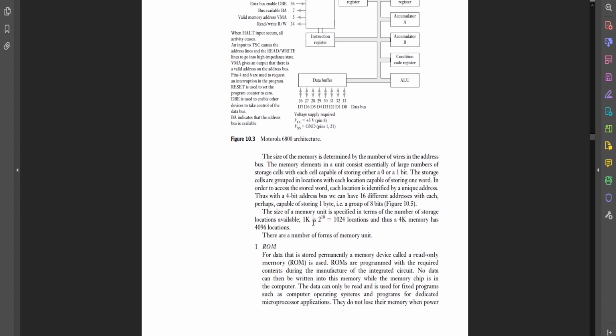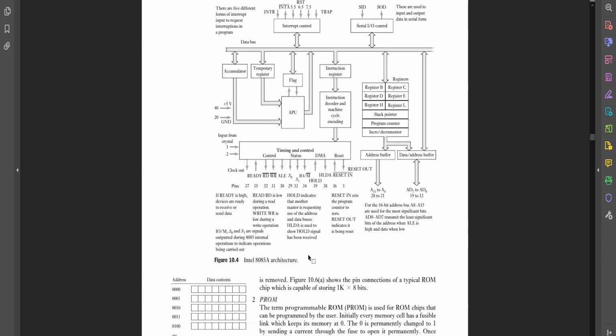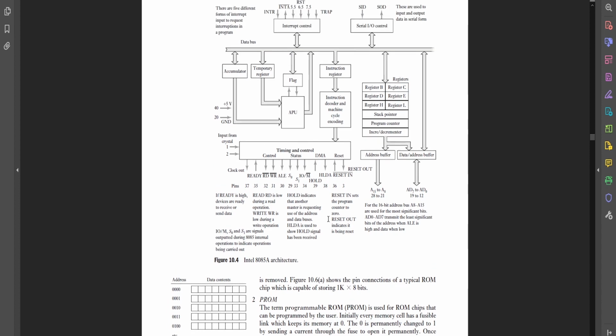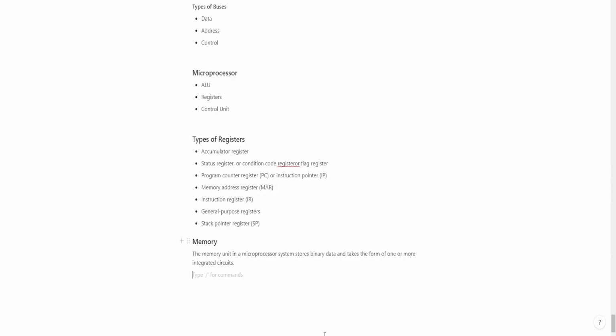Okay. There are a number of forms of memory unit: ROM, PROM, EPROM. So we're writing down basically different types of memory, or different forms of memory unit.